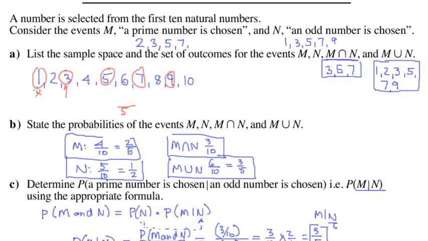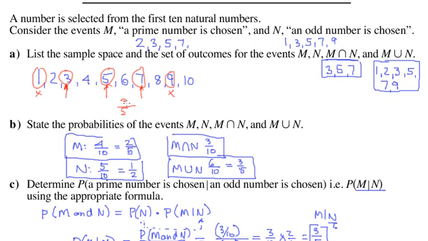Contact your teacher if you're curious about this, and they can explain it to you. But it's kind of a cheat that linear algebra people use, and it takes a while to get into it. 3 and 5 and 7 are prime, and then 9 is not prime because it's factorable.